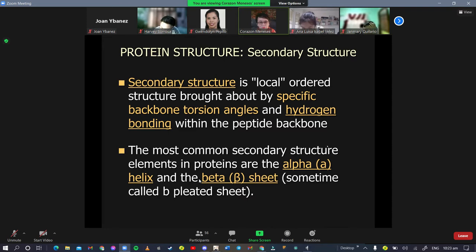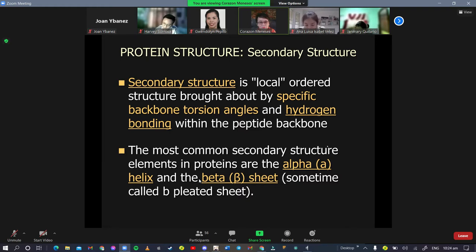What brings about these torsion angles are the psi and phi angles, okay? And what eventually stabilizes the secondary structure is the hydrogen bonding within the peptide backbone. Can you picture that? The helical. That's why it can twist and it can connect.